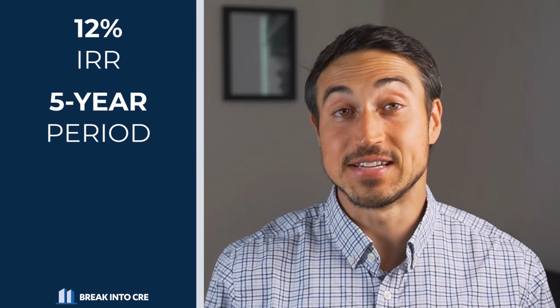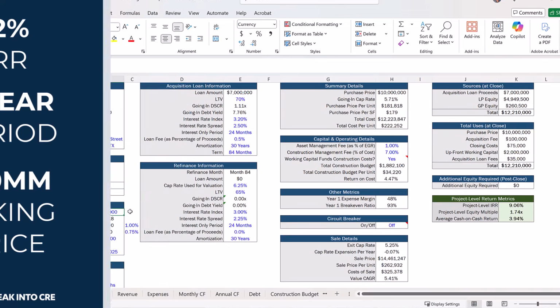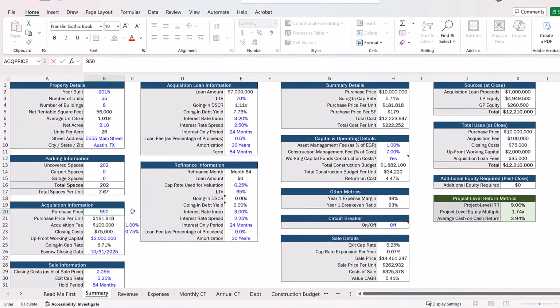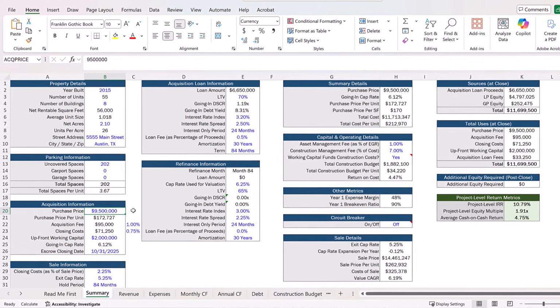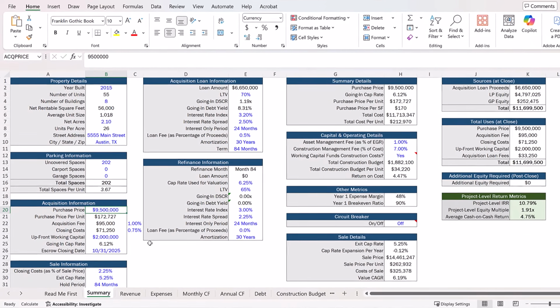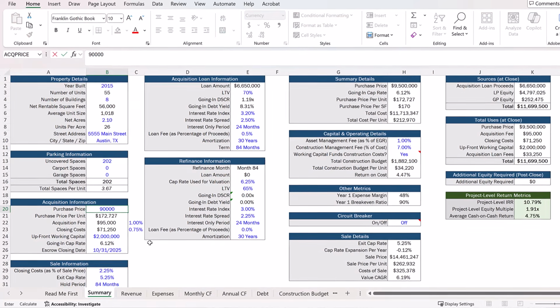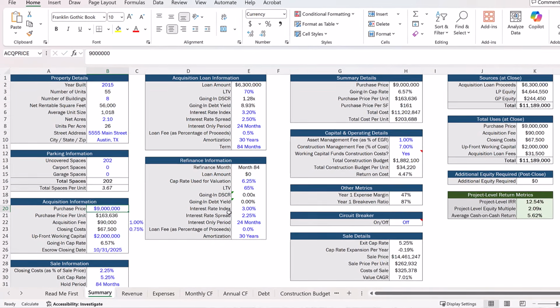And this means that if an investor is targeting a 12% IRR over a 5-year investment period and the asking price on a deal is $10 million, if that $10 million purchase price in your model only gets that investor to a 9% IRR over that time frame, that offer price will end up being reduced until those return targets are hit.